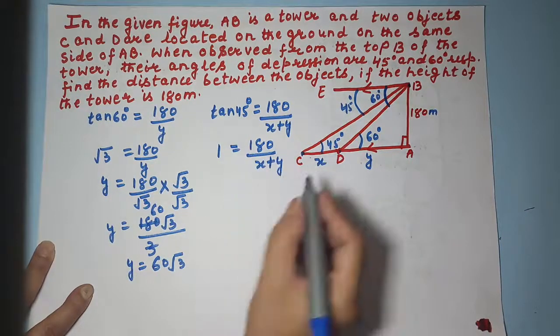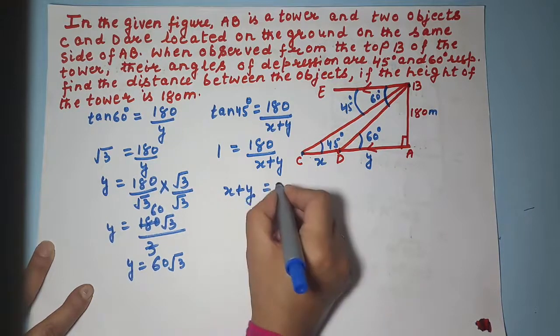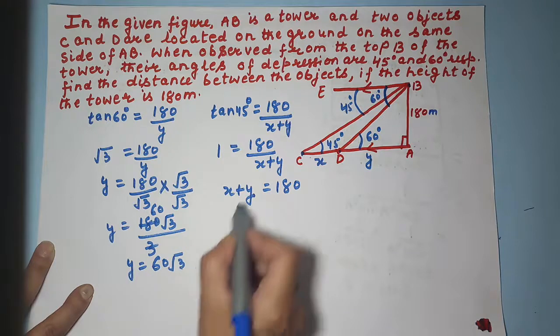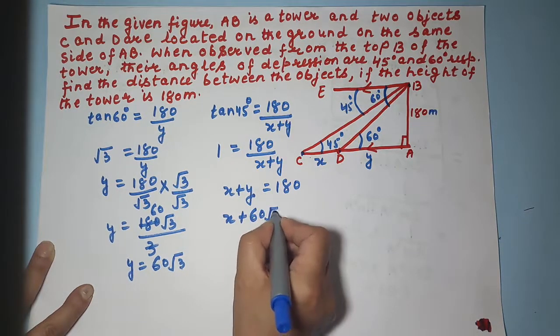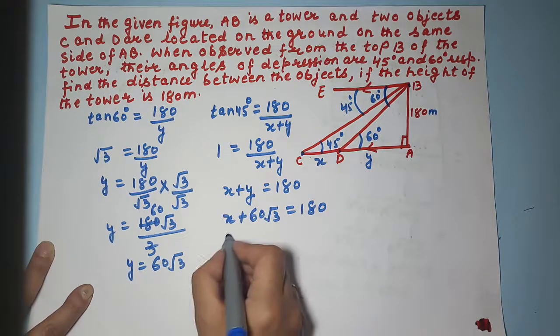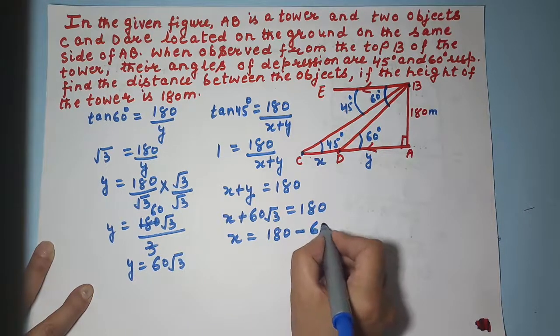So if I cross multiply, I will get x plus y equal to 180. Right? Now, I will substitute the value of y, which is 60 root 3, here. So I'll get x plus 60 root 3 is equal to 180. Now, if I shift this here, I'll get x equal to 180 minus 60 root 3.